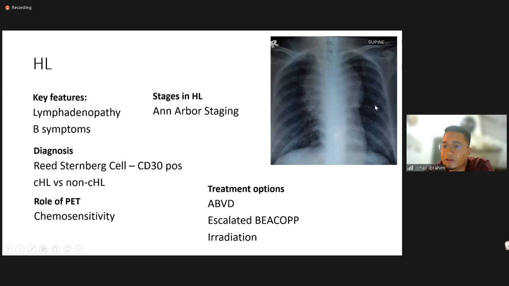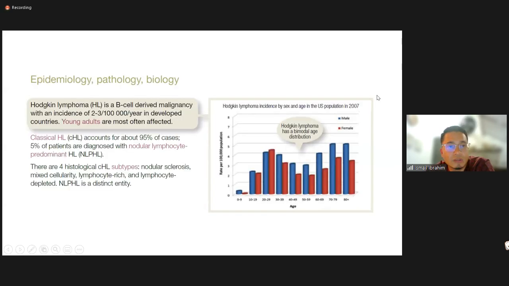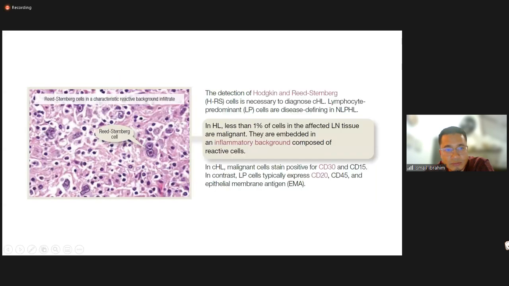So this is example of an X-ray of a mediastinal mass. Normally, young adults be most affected. Okay, and they can be divided into classical and non-classical.